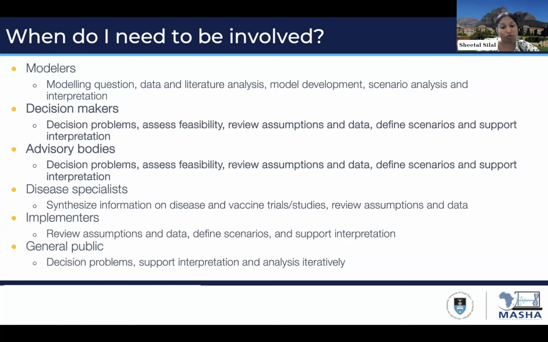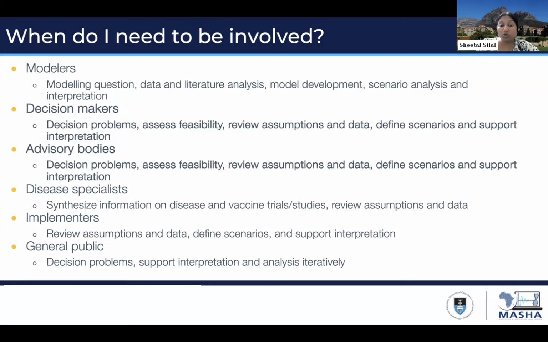And they too would be involved in defining these scenarios, which don't always have to be about increased coverage, or different timing of a vaccine introduction, or whether we should have a follow-up campaign and an SIA, as we saw in the previous analysis.